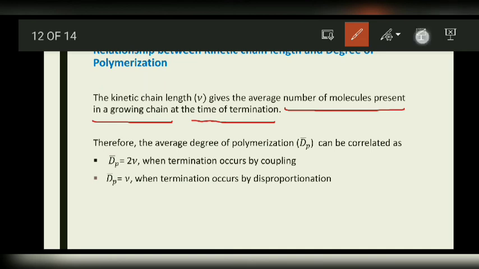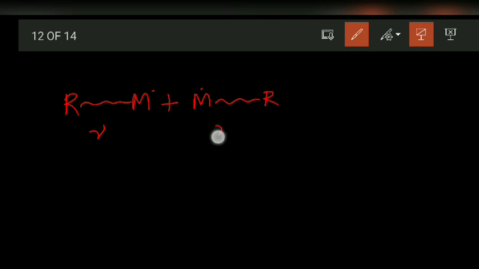Why is it so? Let us see. If the termination occurs by coupling, what happens? Consider two growing chains. The kinetic chain length of one growing chain will be nu, and the other growing chain will also have kinetic chain length nu. When these two growing chains undergo termination by coupling, they form a sigma bond like this.